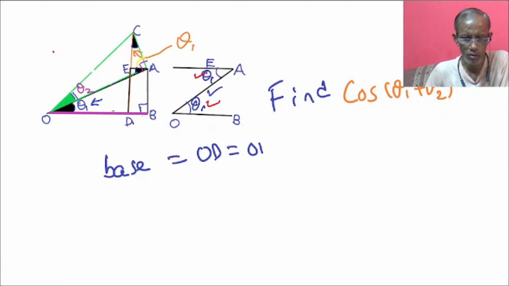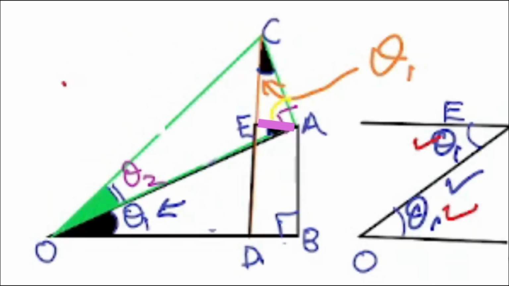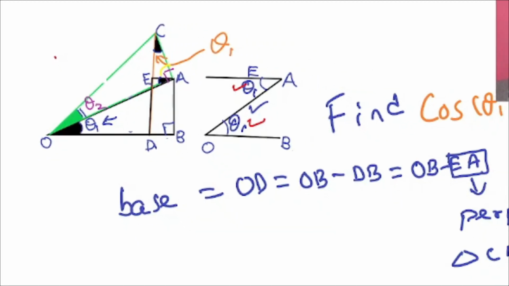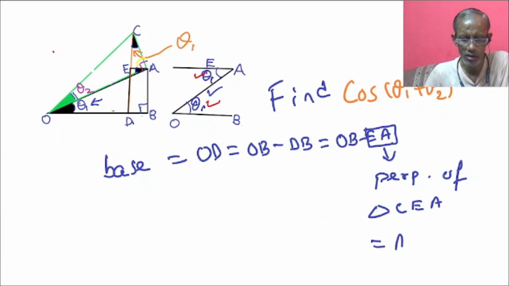That is equal to OB minus DB. DB being equal to EA will be OB minus EA. EA is the perpendicular of triangle CEA. That is equal to the hypotenuse AC into sine of theta 1.